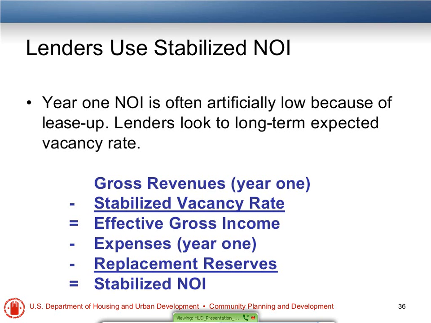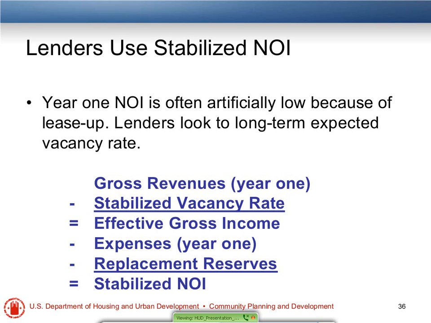We're going to look at gross revenues from the first year because they're the easiest ones to predict, and we'll use our stabilized vacancy rate for the year in which vacancy actually stabilizes. In an example, let's say the vacancy rate is 25% in the first year as we go out and market the project, but maybe in years 2 and 3 that vacancy rate drops to a stabilized 5%.